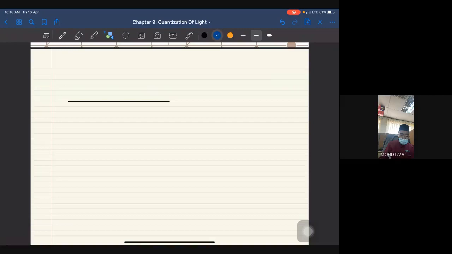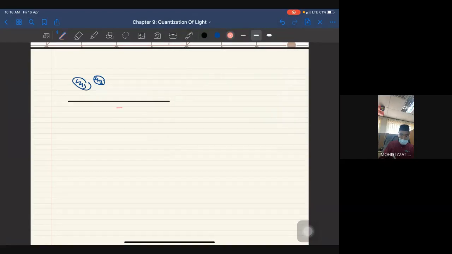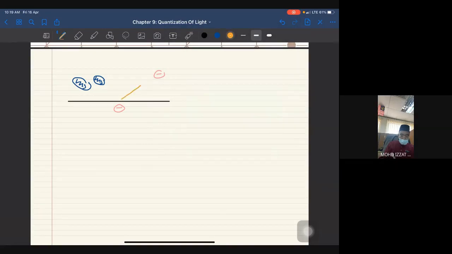And then you draw the incident light. So this is the incident photon. Basically, this is the light going in, and then you have an electron underneath the surface and an electron being ejected. So basically, you can divide it into three parts.